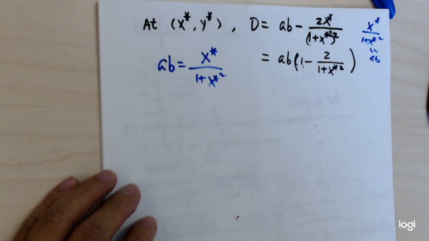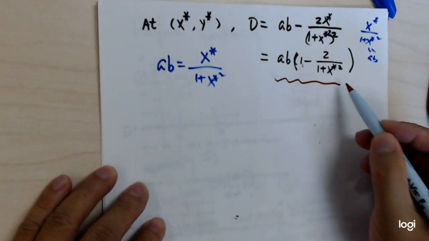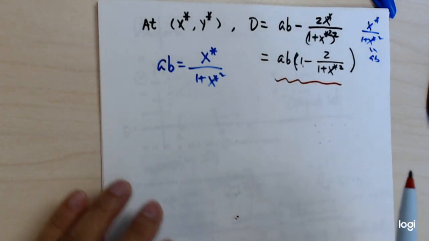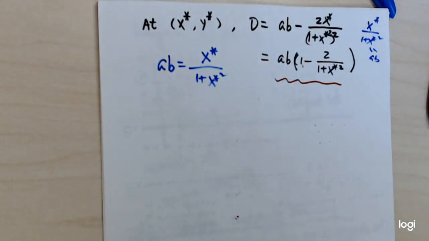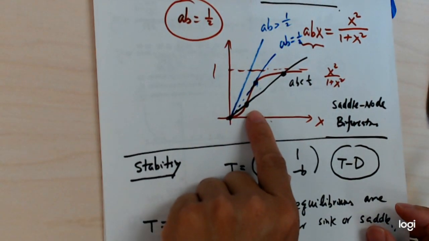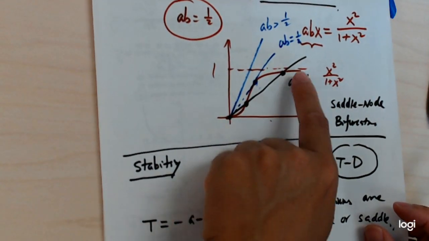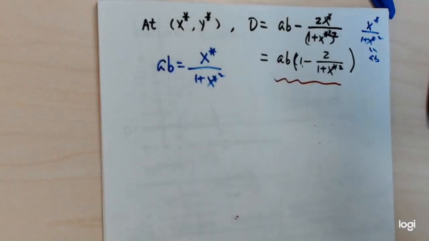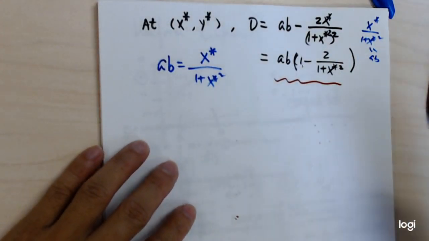So the rest is some detailed analysis, whether this guy is positive or negative. So here we basically have the one in the middle and the one that's bigger. This is the smaller one and that's the bigger one.